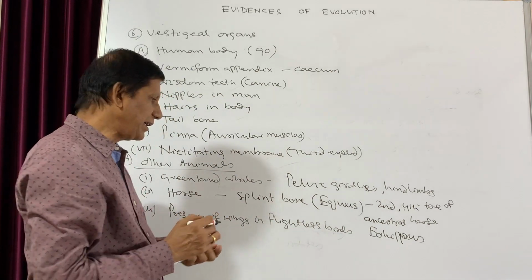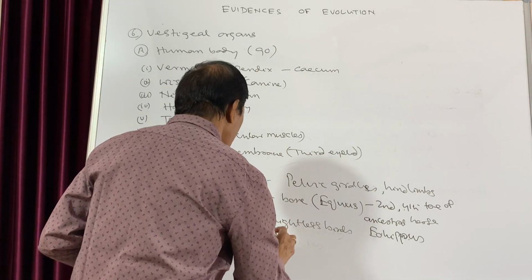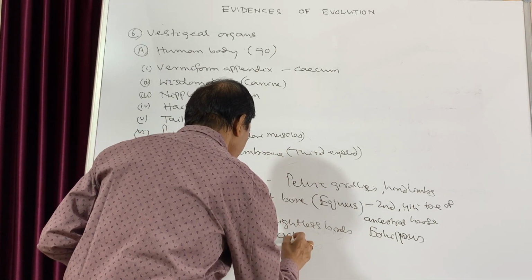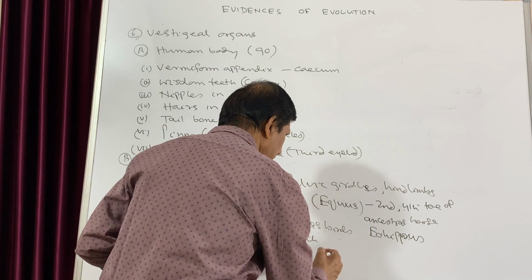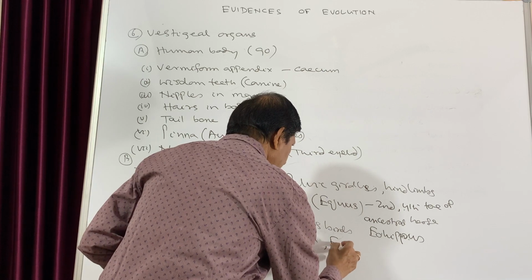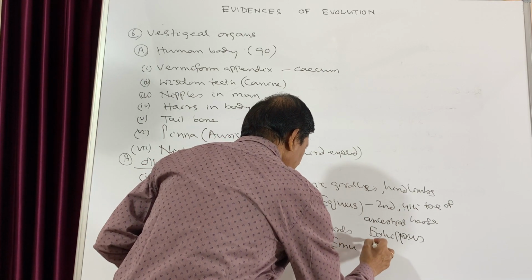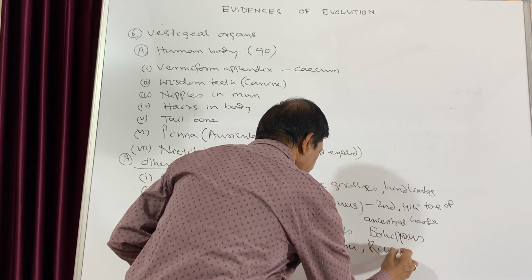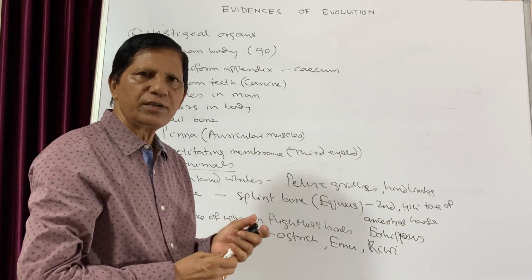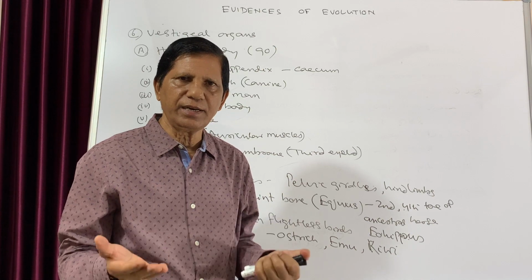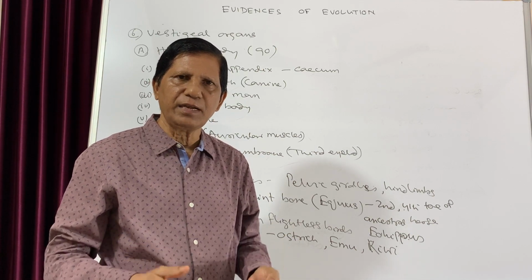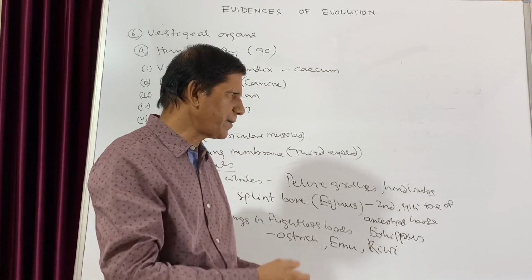There are some flightless birds like ostrich, then you can take that of emu, kiwi. These are some of the birds. They have wings, but they do not fly. So what does it indicate? It indicates that their ancestors had wings.